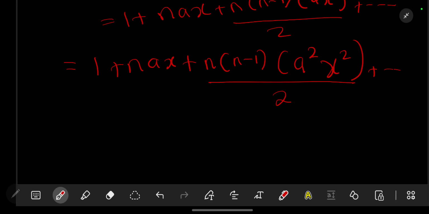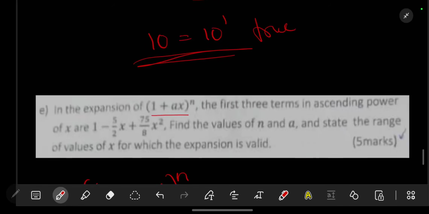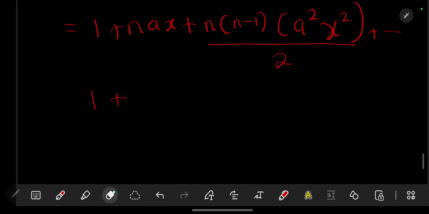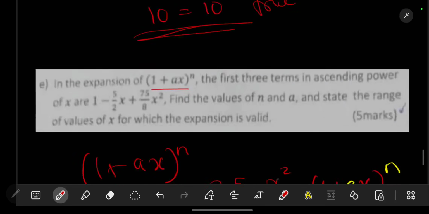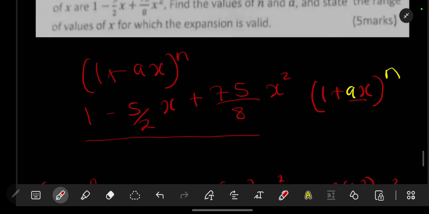We just need 3 terms since they have given us the 3 terms, and those are 1 minus 5 over 2 x, plus 75 over 8 x squared, if I'm not mistaken.